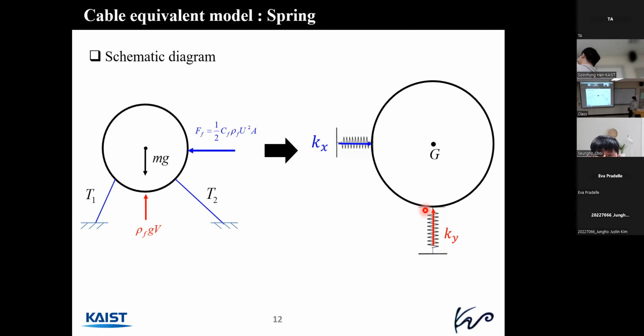Although the internal force added to the beam is the same as in the water tunnel, the vertical reaction force can be applied by the spring Ky, and the horizontal reaction force can be applied by the spring Kx.